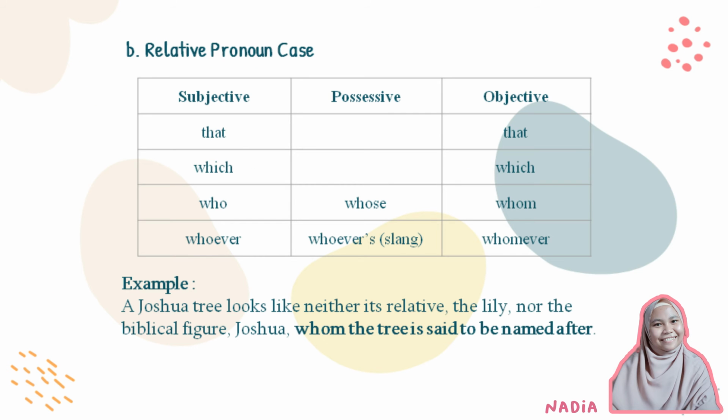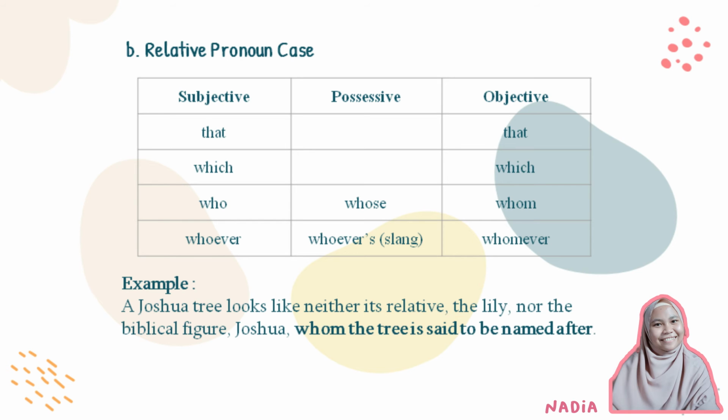B. Relative pronouns case. Noun clauses can serve as subject or object and often begin with one of these relative pronouns: that, what, whatever, which, whichever, how, however, whom, whomever, and whose.